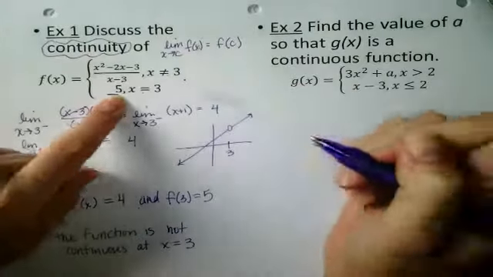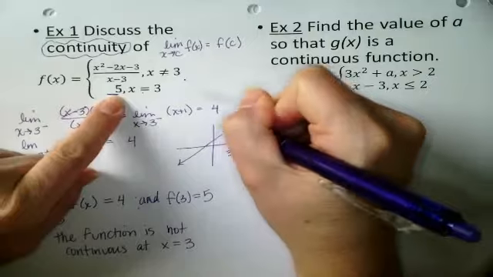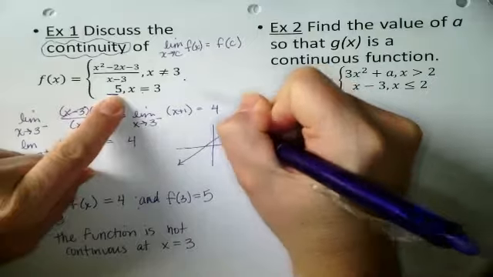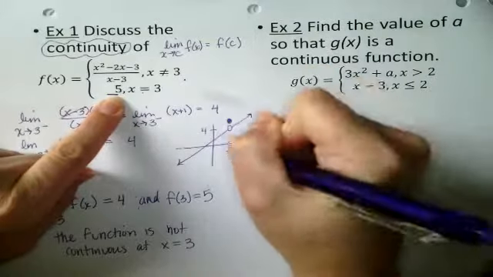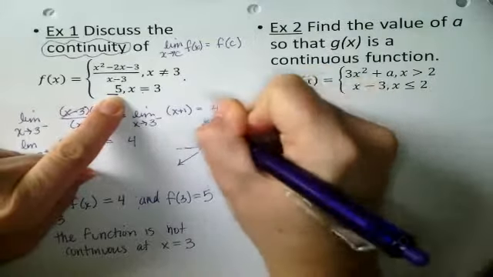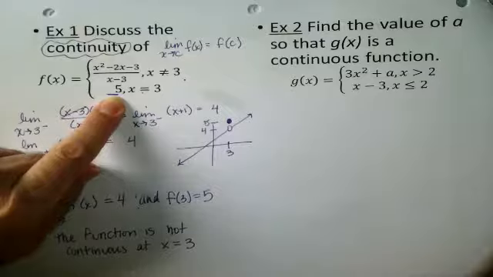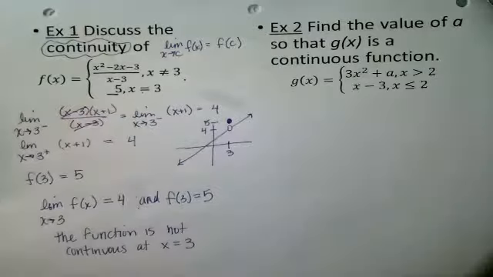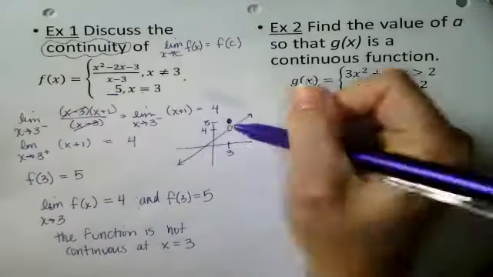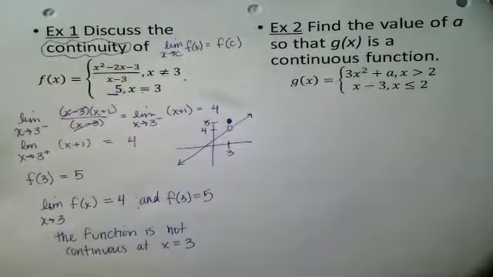And it has this value. When x is 3, it has the value 5. So this hole is at 3, 4, and it has the defined point at 5. So that's what that looks like. And we can see that removable discontinuity at x equals 3.